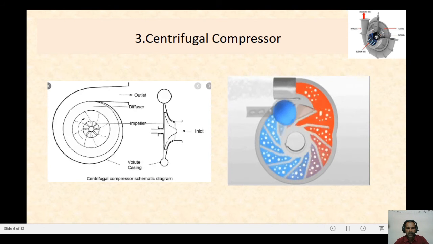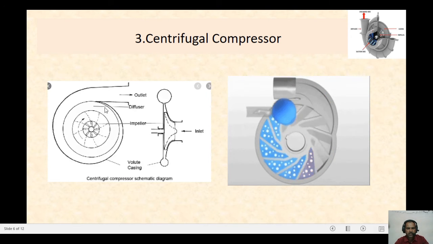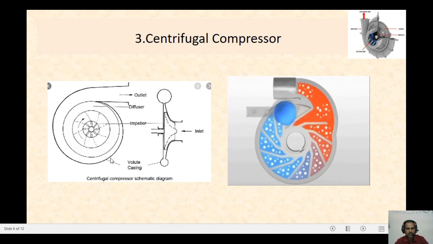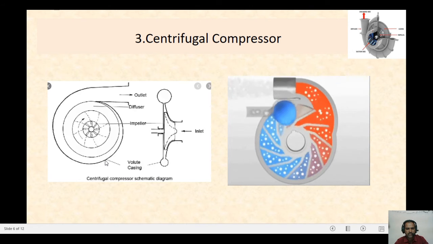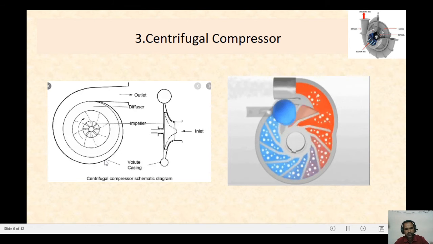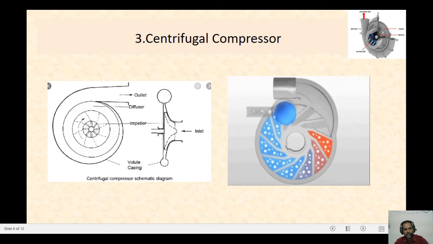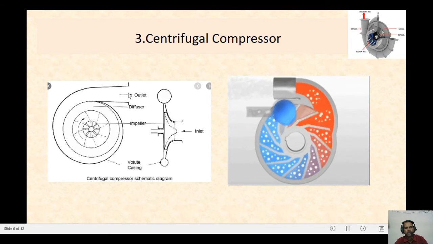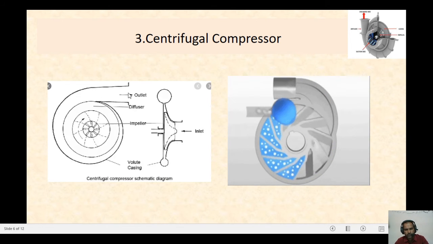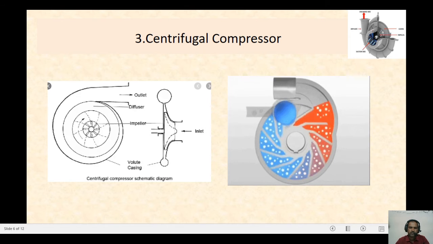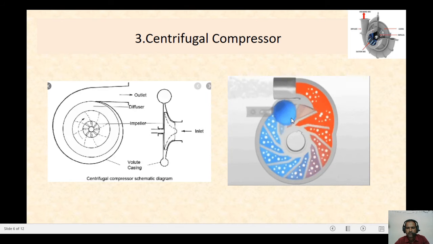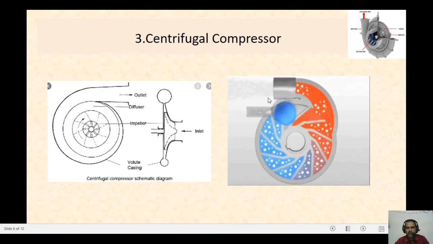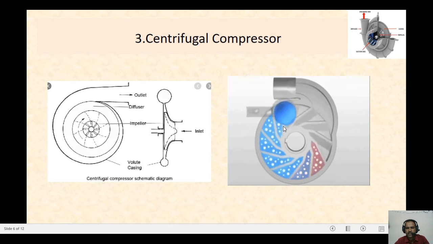And next, what does this diffuser do? The air is collected. When it is rotating, it is collected in the casing, and the high pressure air is discharged through the casing and the outlet valve. So this is the working principle of the centrifugal compressor. You can see here, this is the discharge and this is the casing. What happened?